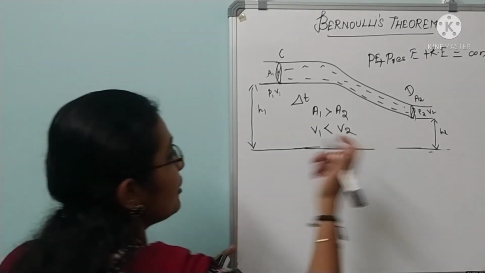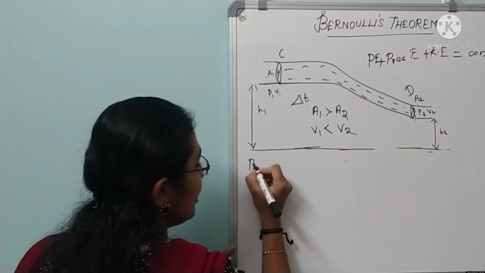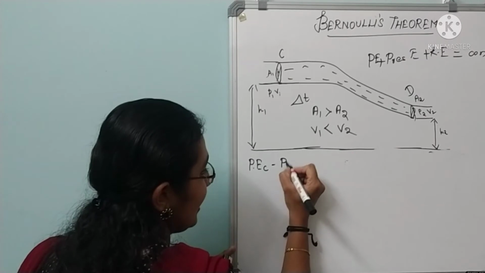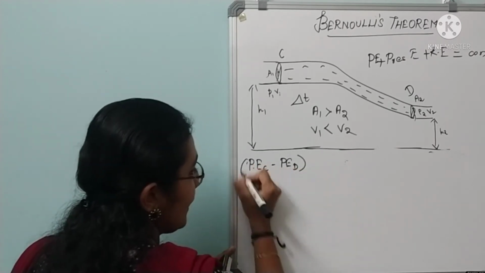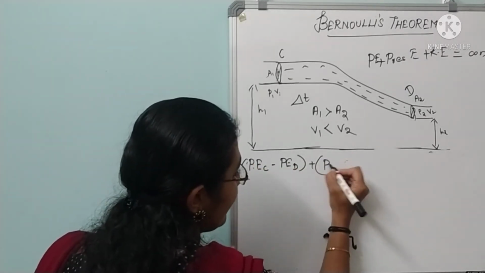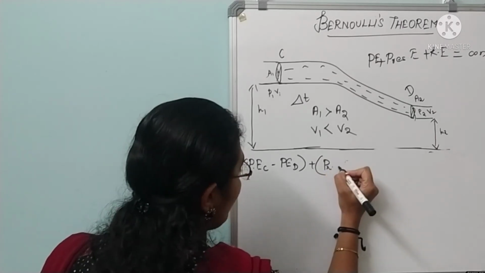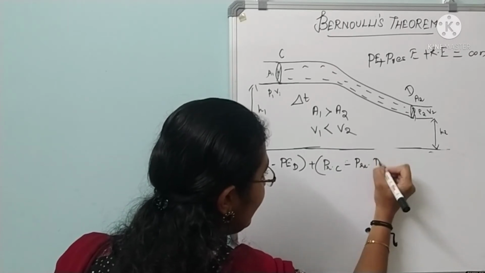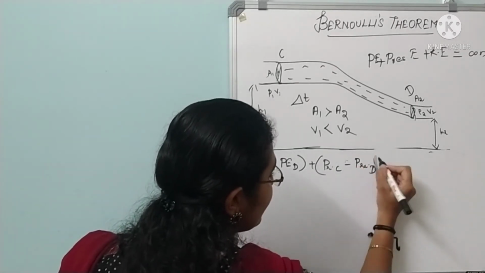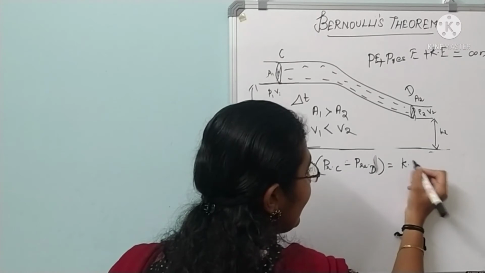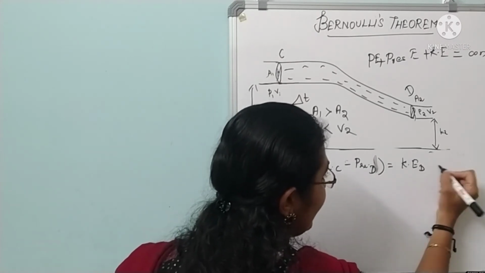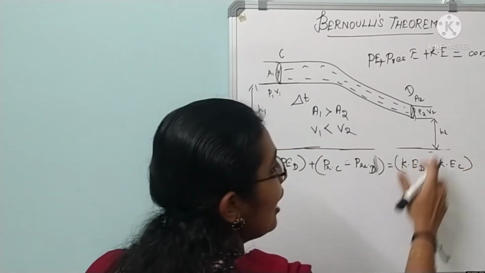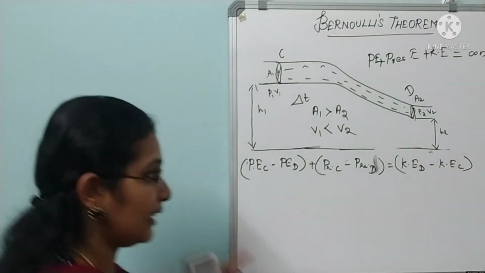Potential energy at point C minus potential energy at point D plus pressure energy at point C minus pressure energy at point D is equal to kinetic energy at point D minus kinetic energy at point C. Correct? Because kinetic energy at point D is greater.